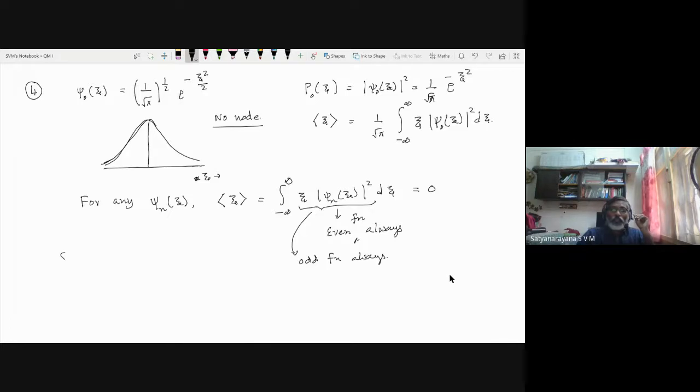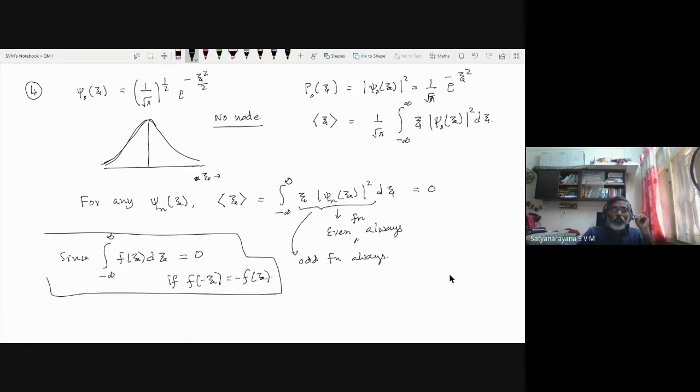Okay, since the integral from minus infinity to infinity of f of xi d xi is equal to 0 if f of minus xi is equal to minus f of xi. I am sure you know this. If you do not know, just think a little bit and then you can write it down. Okay, so that is a general argument to say that the expectation value of xi in any of the energy eigenstates is equal to 0.